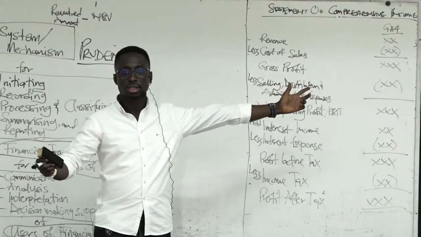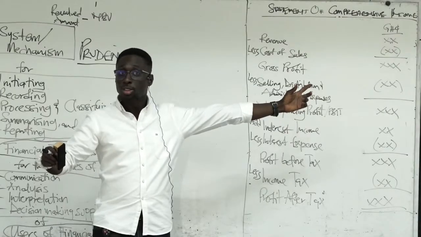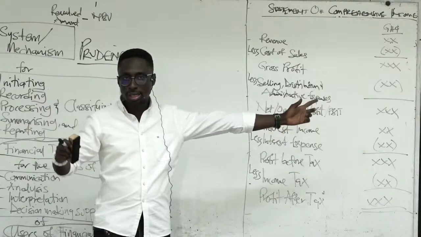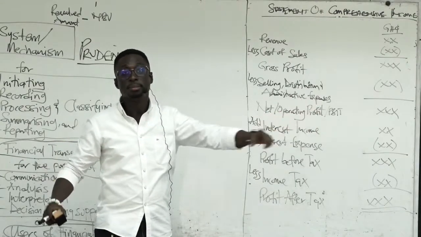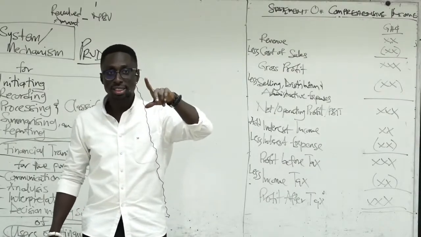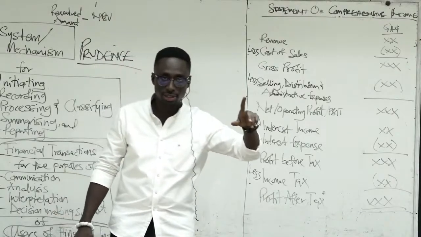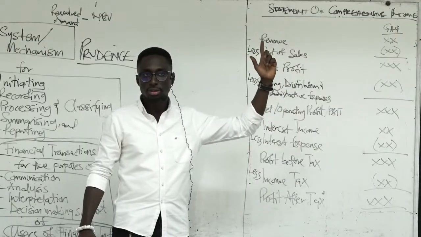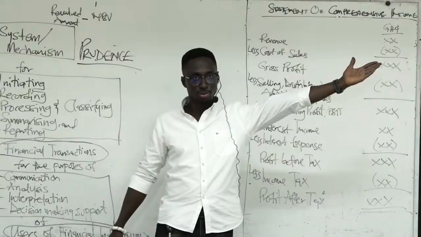Sales transaction, exactly. What's going to be the source document? Sales invoice. What will be the book of prime entry? Sales day book or the sales journal. What will be the principal book of accounts? Excellent. You understand. So that is revenue.